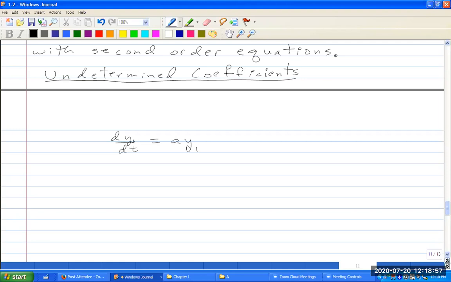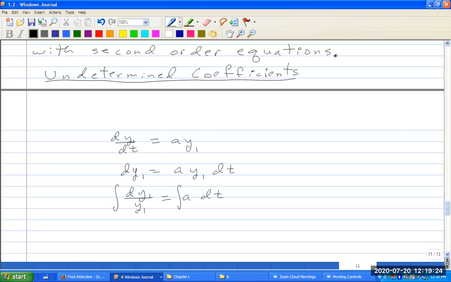Let me write this in differential form. So dy1 equals ay1 dt. Let me divide both sides of my equation by y1. So dy1 over y1 equals a dt. And let's actually integrate this differential form.